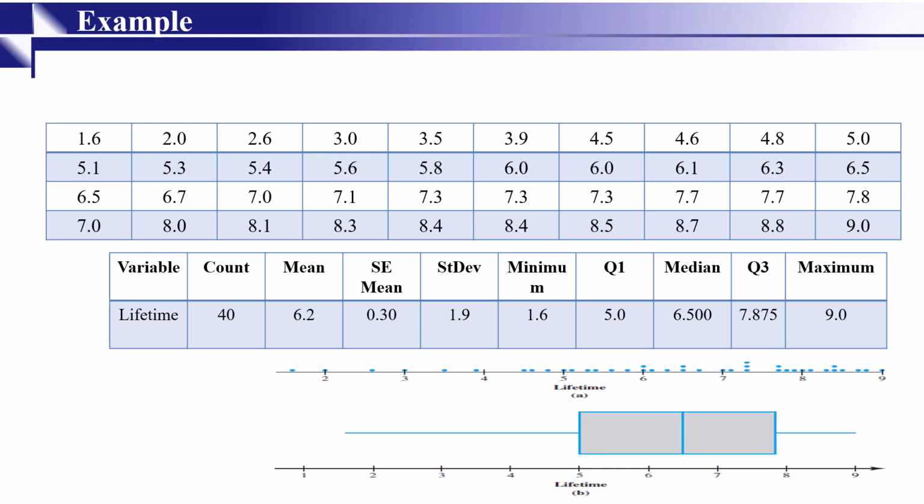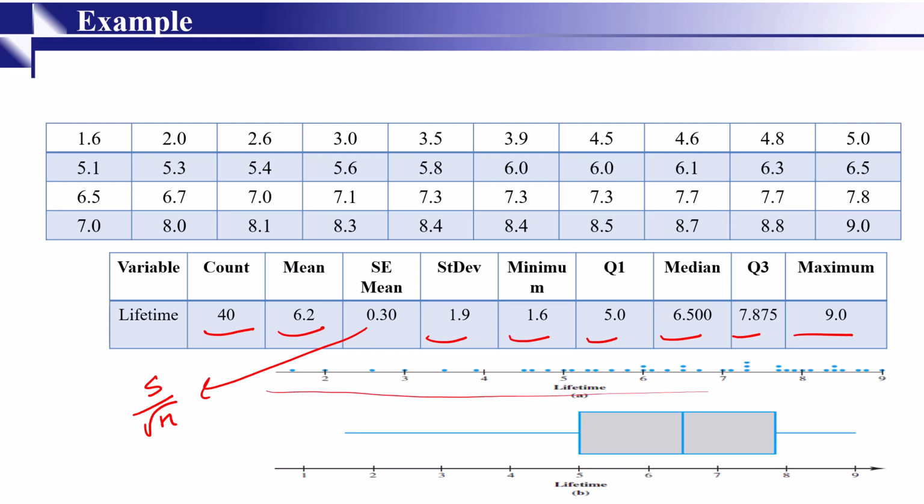So here we can see one example. This is our data set. How many numbers do we have? 40. What is the mean? 6.2. This SE mean is considered the standard error of the mean, and it is S divided by the square root of n, the standard deviation divided by the square root of the number that we have. Then we have the standard deviation, based on the equation that we have, and the minimum, Q1, median, Q3, and maximum. So this is the dot plot that we have for our numbers.